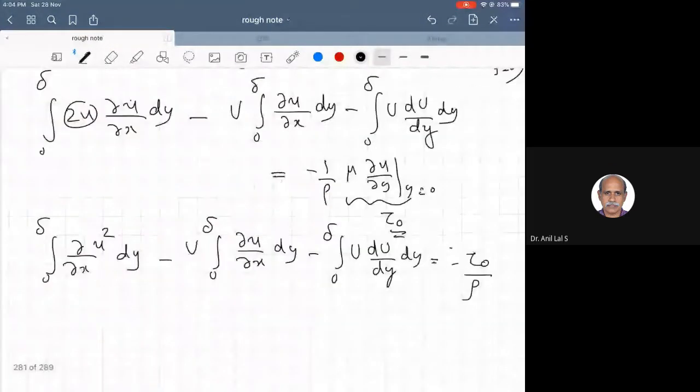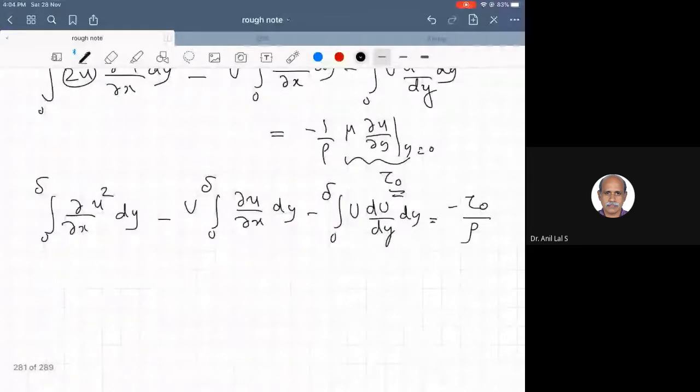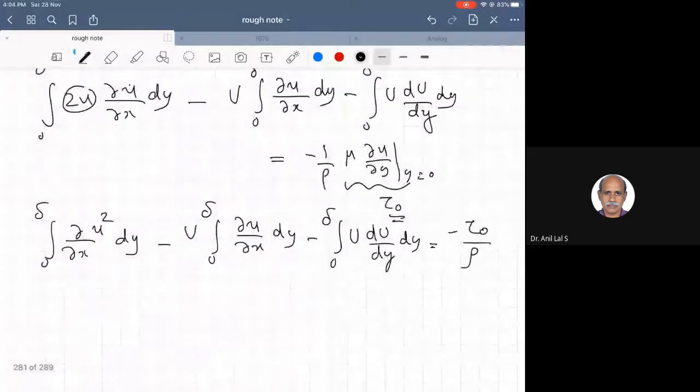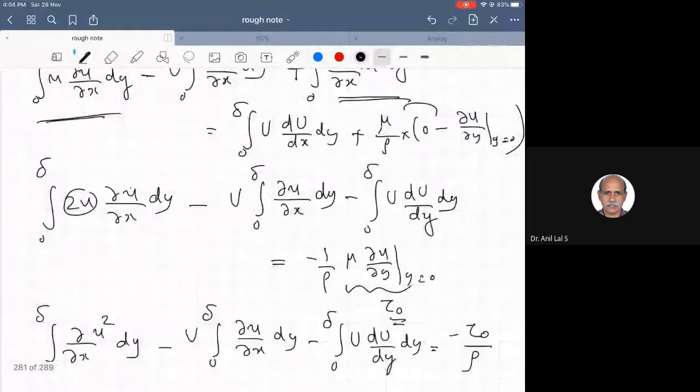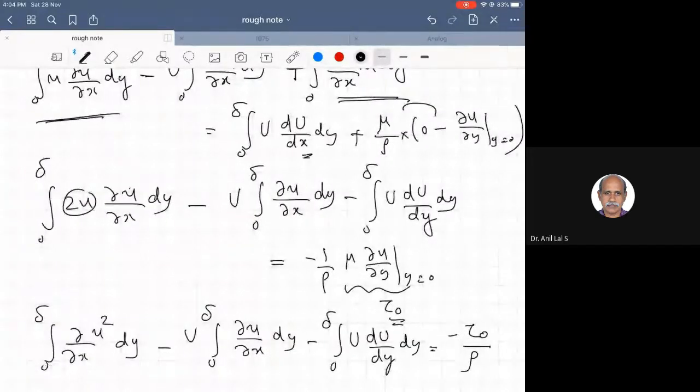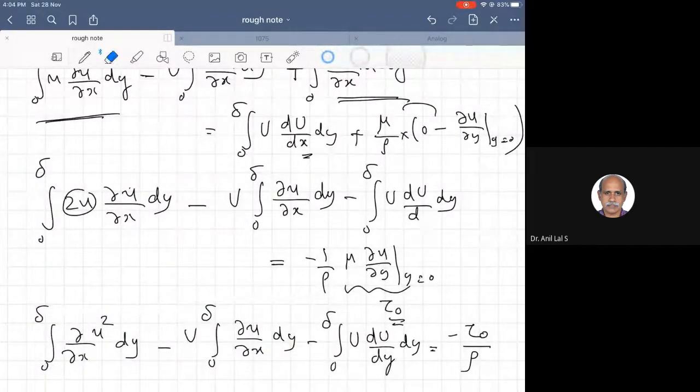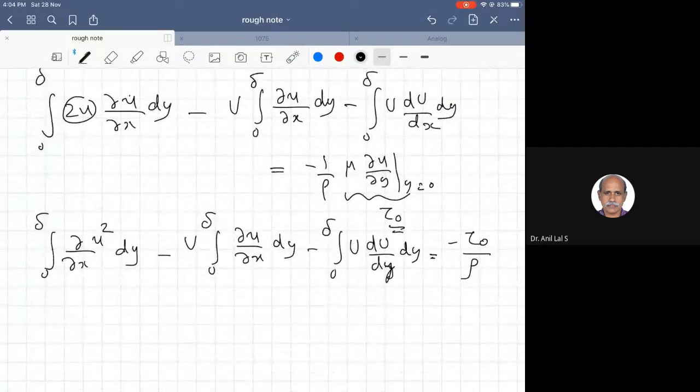And this is now du by dx. If it is y, we can do that integration. That's what is dx. Now the thing is that we are having differentiation on x.